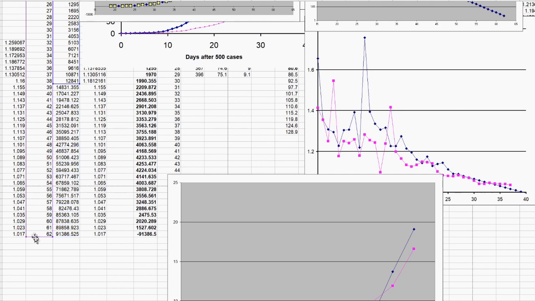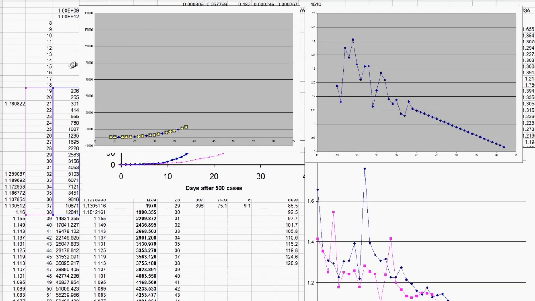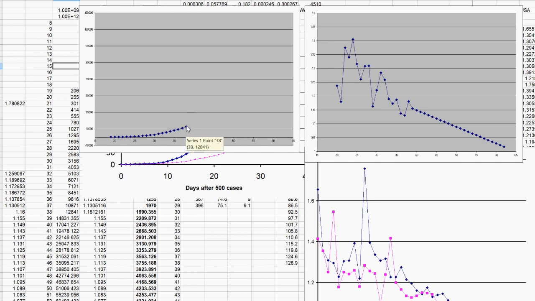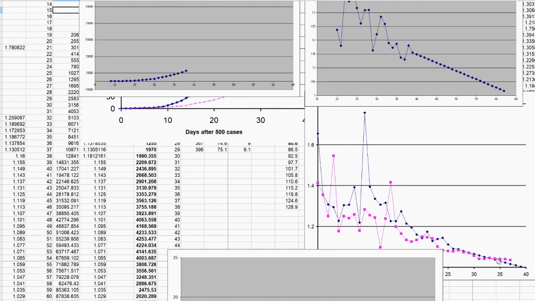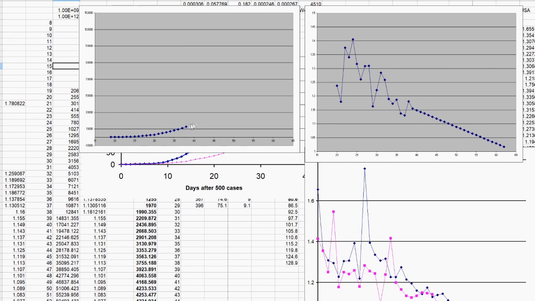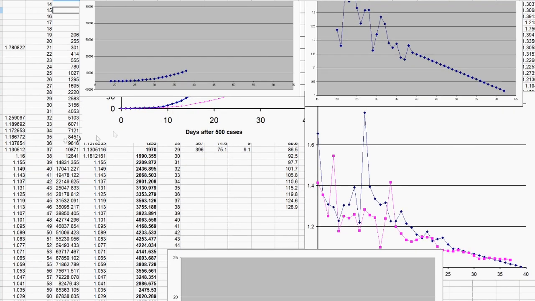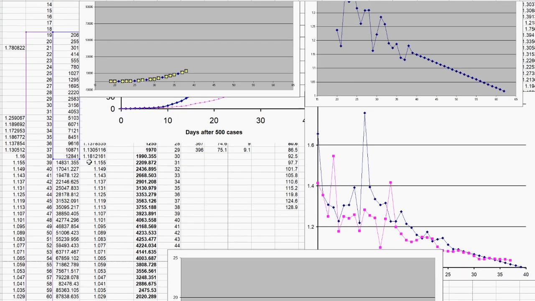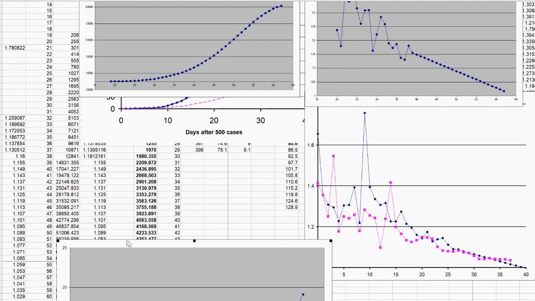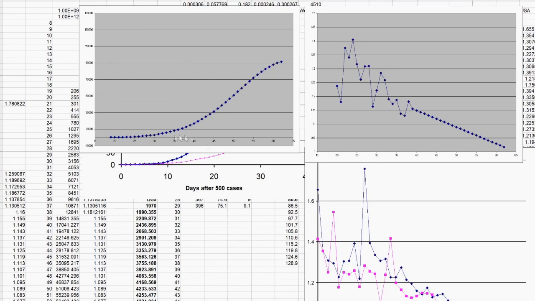And so we can now project, if this is the decrease in the death rate, which is the same as the decrease in the spread rate, what this is going to look like over the next 2 weeks. And you do that, and you get to this. This is going to be the total number of dead, by the way.